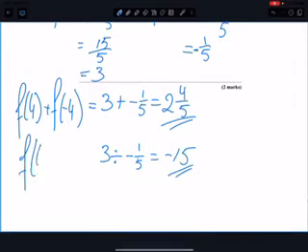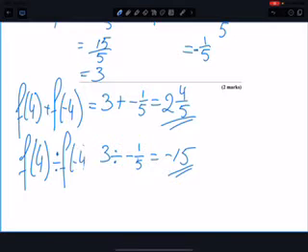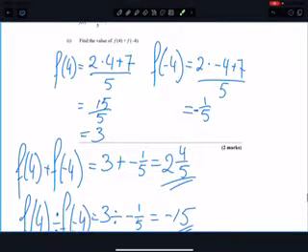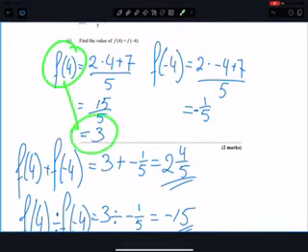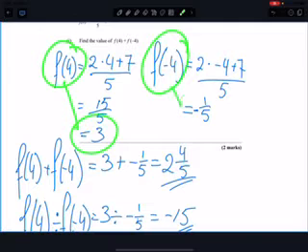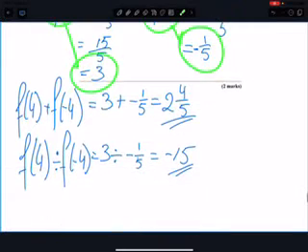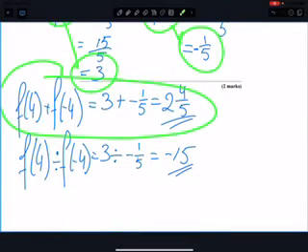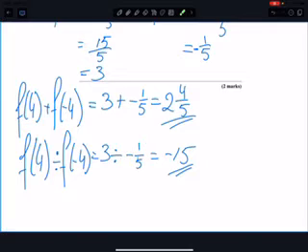This one is f(4) divided by f(-4). If you just wrote f(4) equals 3, f(-4) equals this, and then placed this as the answer, completely fine. Doesn't say calculate.